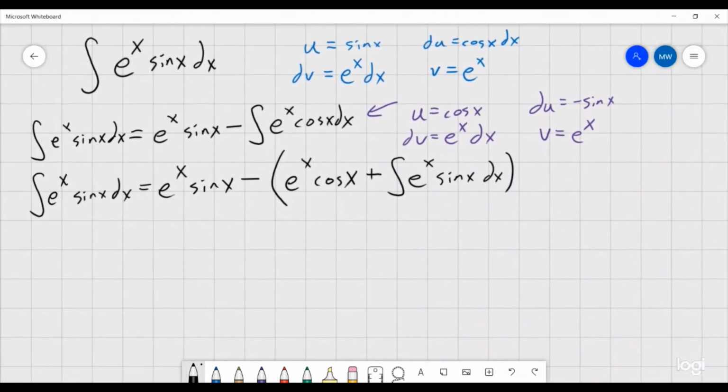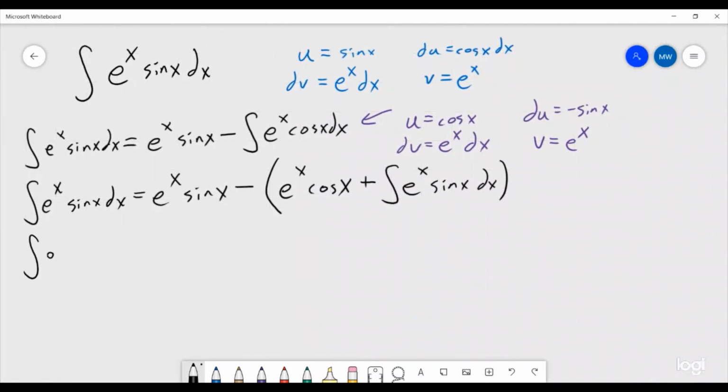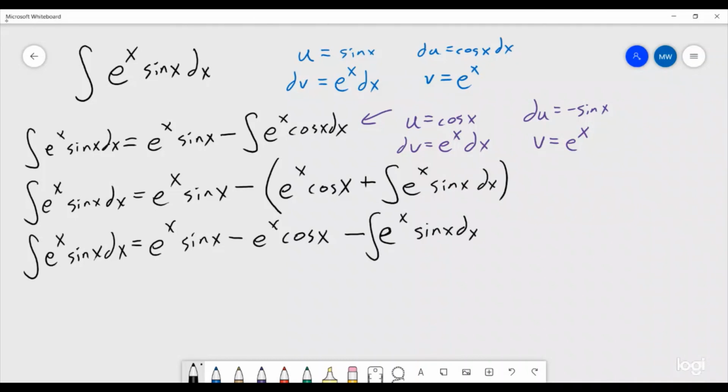So that means we have the integral of e to the x sine x is equal to e to the x sine x minus e to the x cosine x minus the integral of e to the x sine x dx.